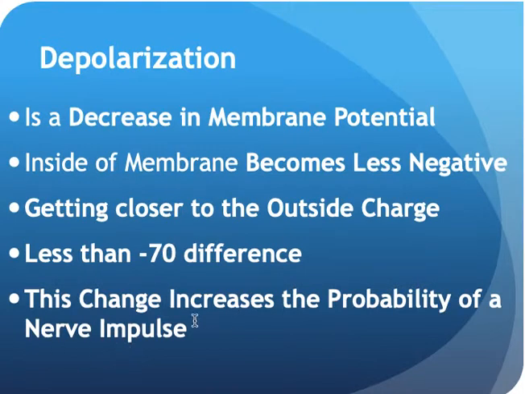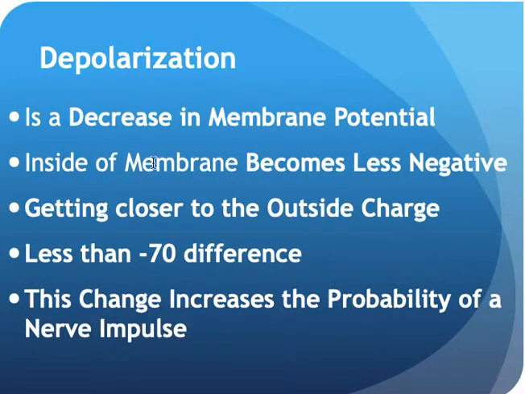Okay, and this is going to increase the probability of a nerve impulse being created. Because what you're going to learn as we move through is that we're going to have this threshold, and as we get the inside closer to the outside, once it hits a certain level, we're going to create this little electrical impulse and send these action potentials. Okay, so depolarization is a really important term.